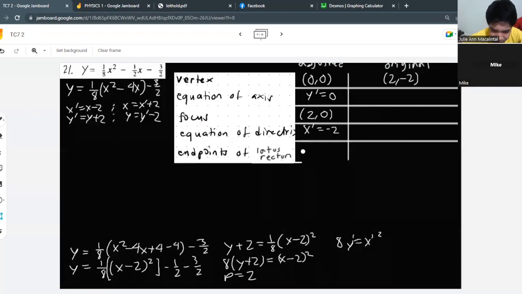So when x is 2, what is the value? Is that right? Wait. Our equation, the parabola opens in what direction? Upwards. So the focus should be on the y-axis.